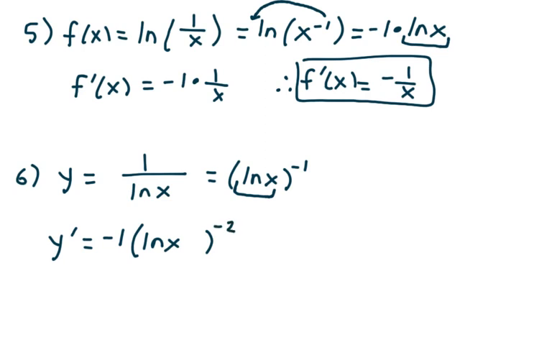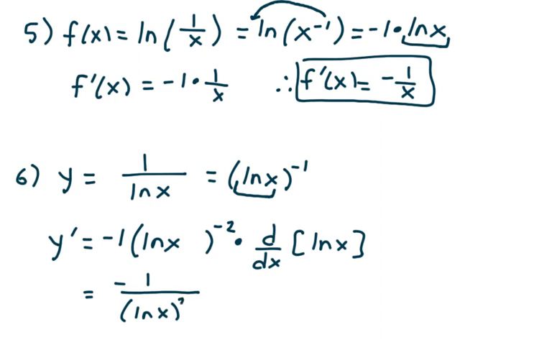But don't forget, you have to multiply that result by the derivative of the inside function with respect to x. In other words, I have to multiply by the derivative of natural log of x with respect to x. And so this is negative 1 over natural log of x raised to the second times 1 over x.